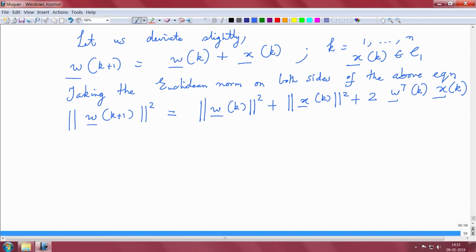Now, this is very important for us. Since we are updating like this, our assumption is w transpose k x k is less than or equal to 0 by assumption.